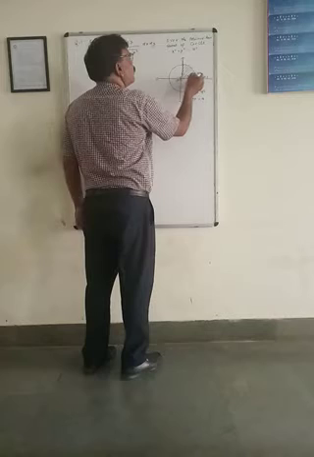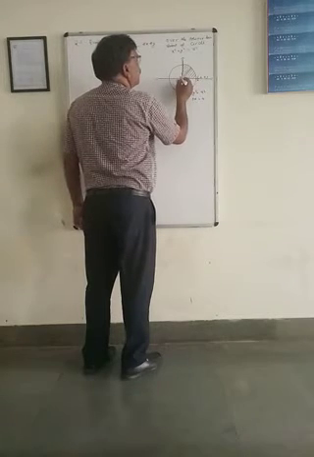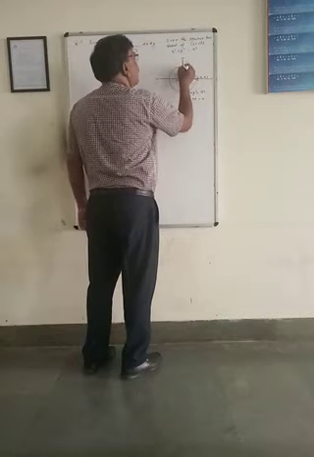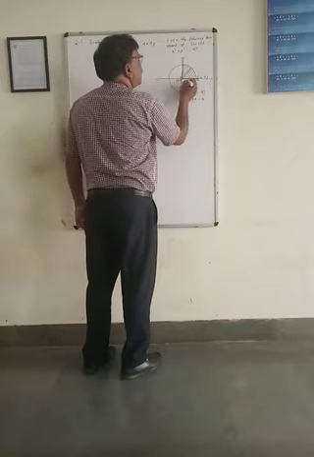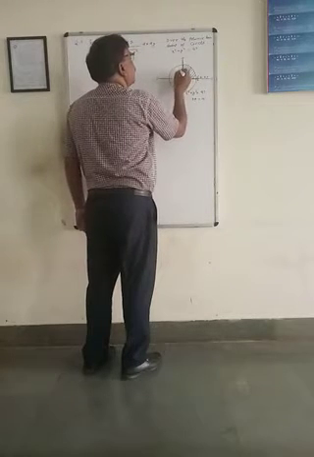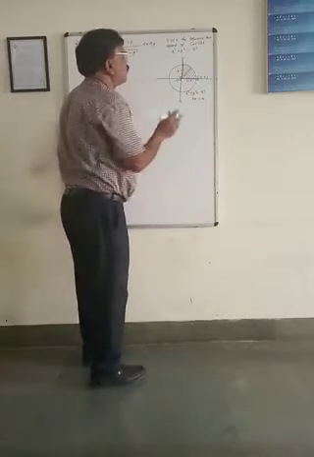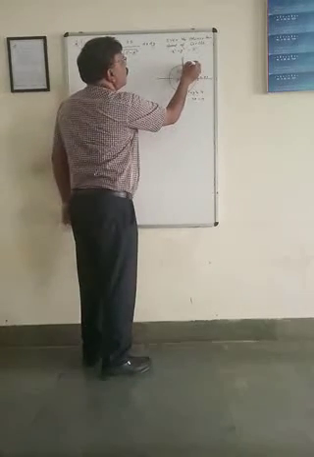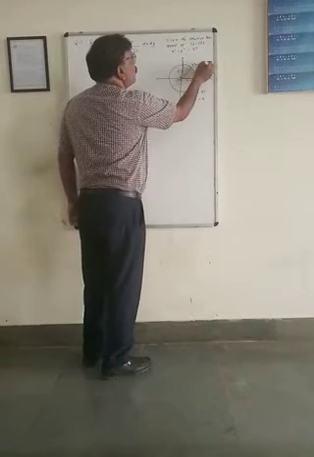which is enclosed by the x-axis and y-axis. This is the x-axis, and the equation of this is y is equal to 0. This is the y-axis, and the equation of this is x is equal to 0. And this is the boundary, which is x square plus y square is equal to a square.